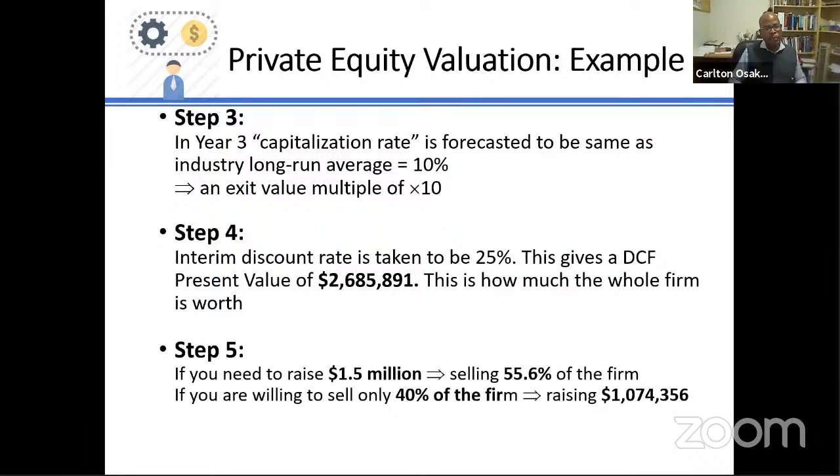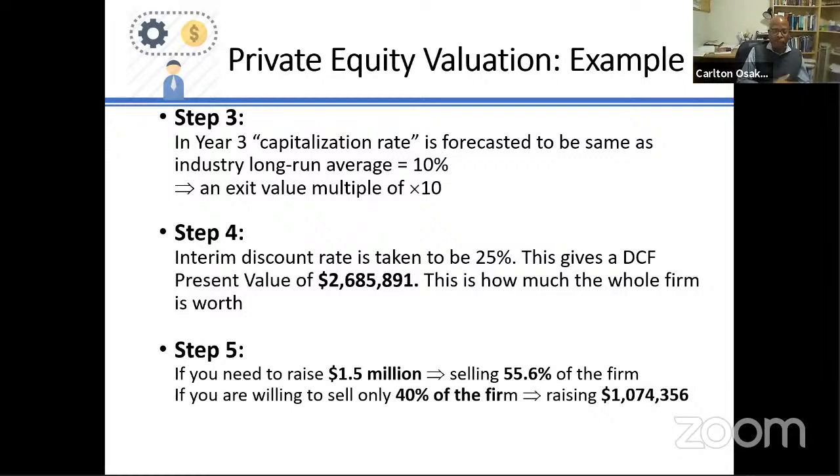And so if you, the entrepreneur, need to raise 1.5 million in order to get this firm running, it means that you have to sell off 55.6% of the firm. That is, you'll be selling off 55.6% of the profits of the firm to this equity investor.